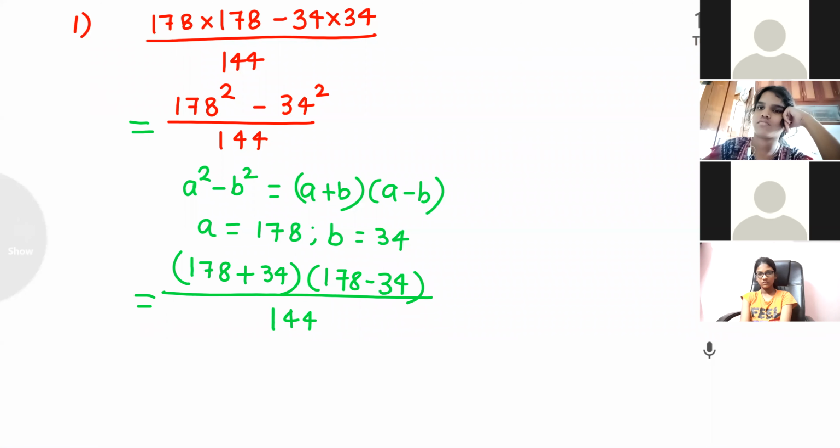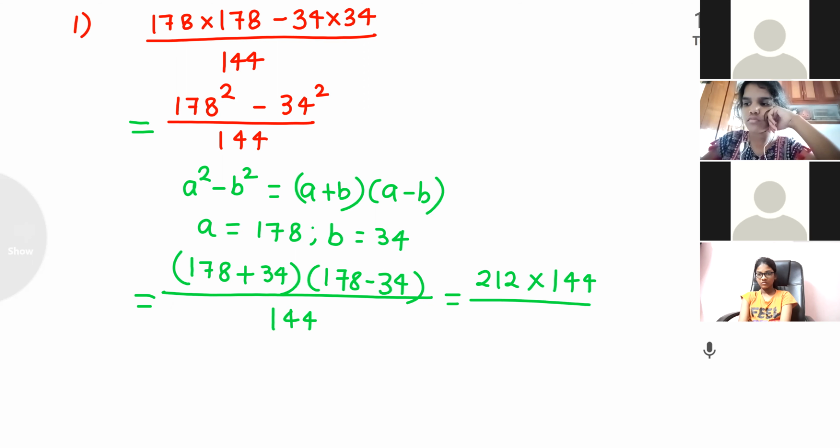Now 178 plus 34 is 212. 212 into 178 minus 34, which is 144, whole divided by 144. 144 in the numerator, 144 in the denominator. Our answer is 212.